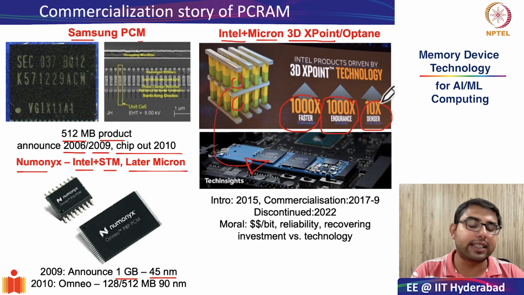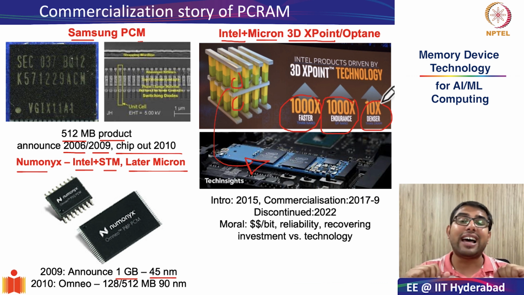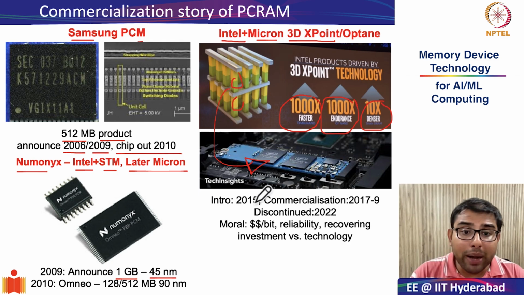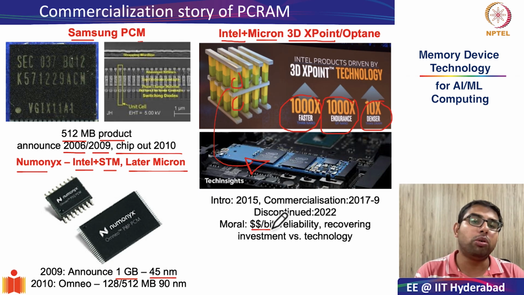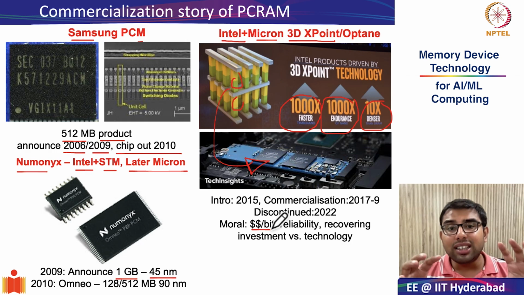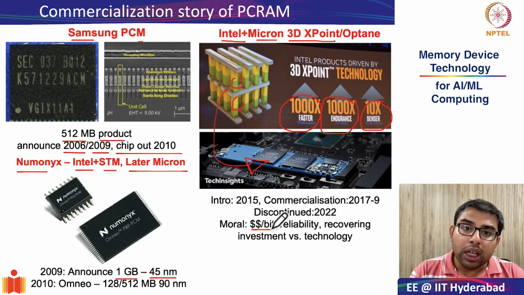That is the first thing. The second thing is area scalability, because you were not able to reduce the dimensions of your individual cell. The cost per bit became a very big issue. Also, we have heard that the yield of PCRAMs was not very good.